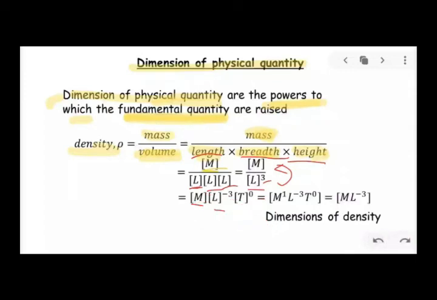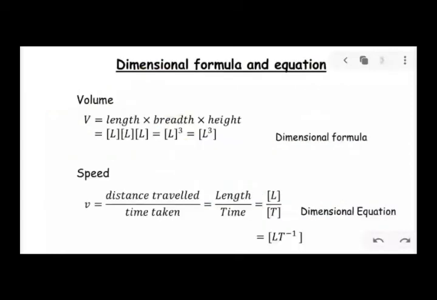Now I will take this power inside the bracket: M to the power 1, L to the power minus 3, T to the power 0. We know anything to the power 0 is 1. So instead of writing T to the power 0, I can simply write M L to the power minus 3. This is my dimension for density. Is it clear?